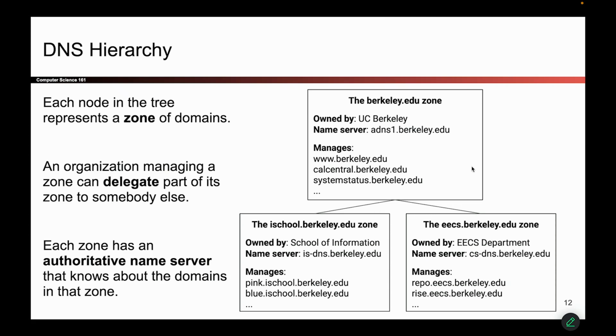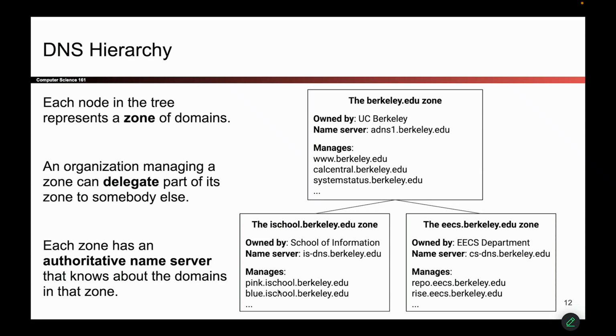For example, the berkeley.edu zone can answer all of the requests for UC Berkeley and all of the domains ending in berkeley.edu. It's got a name server sitting on the internet that can answer those queries. And if Berkeley one day decides, I don't want to handle all of the www.berkeley.edu subdomains, there are just too many of them, then Berkeley could cut off a little slice and say, actually, ischool.berkeley.edu should handle their own subdomains.